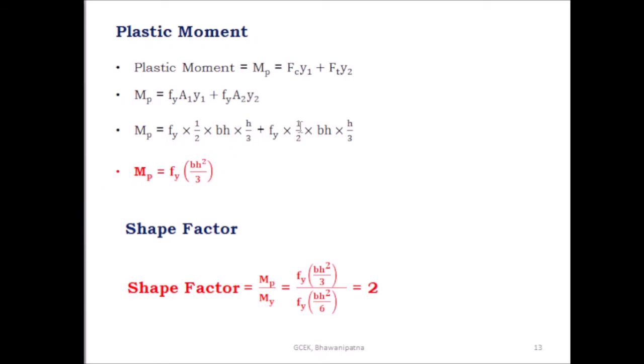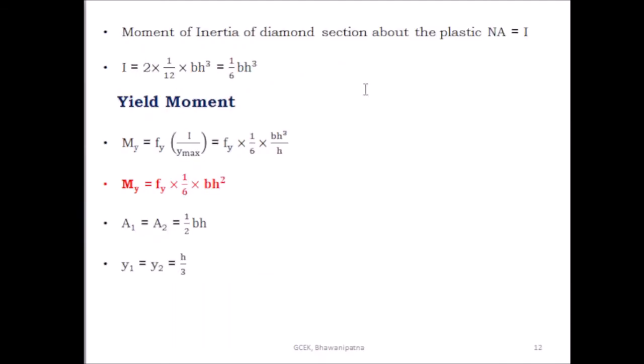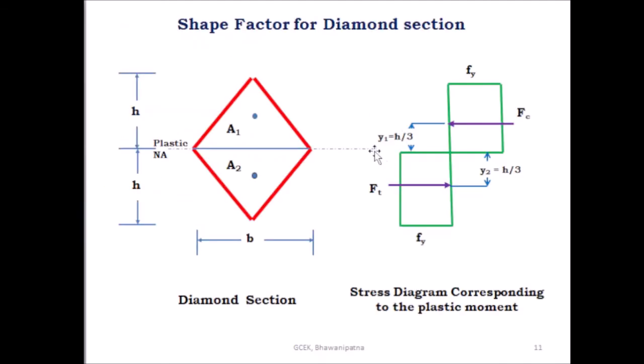The plastic moment Mp is equal to Fc into y1 plus Ft into y2. In plastic analysis, you take the moment of the compressive force plus the moment of the tensile force about the plastic neutral axis.